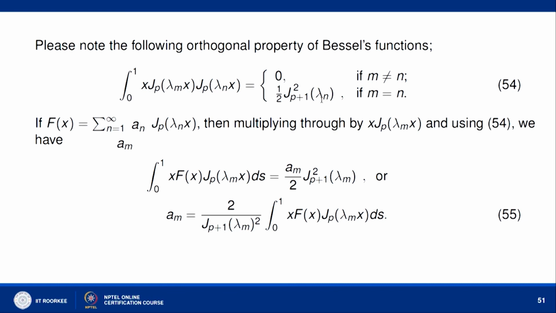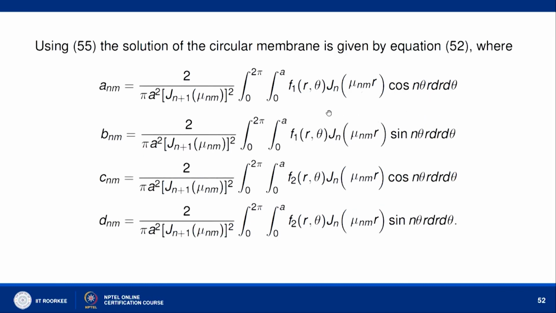So using this observation we can find our coefficients a_nm, b_nm, c_nm and d_nm. I am leaving it to you: a_nm is written as 2 by pi a square J_{n+1}(mu_nm) whole square into the integral from 0 to 2 pi, 0 to a of f1(r, theta) J_n(mu_nm r) cos n theta into r dr d theta.